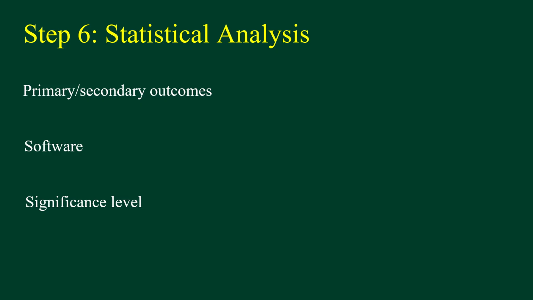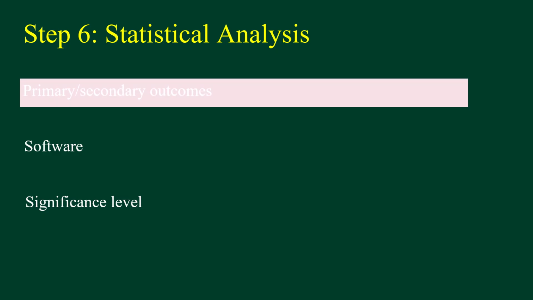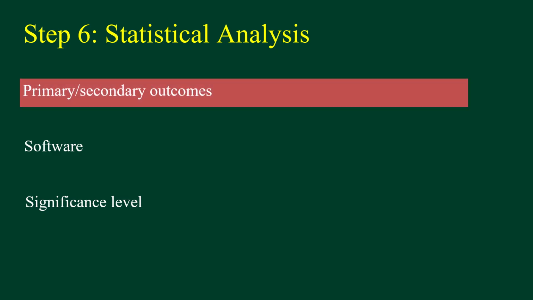Step number 7 is very important. It's the statistical analysis that should be done, which is very important to get the p-value, that is, to get statistically significant results.